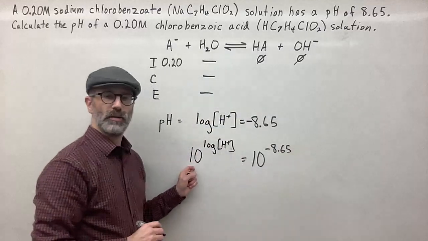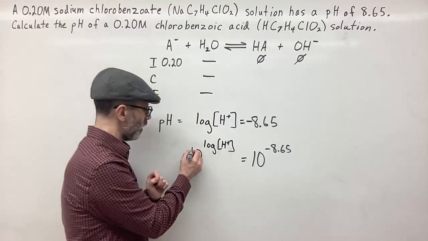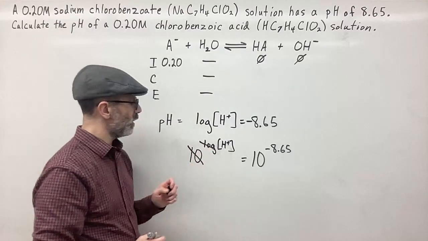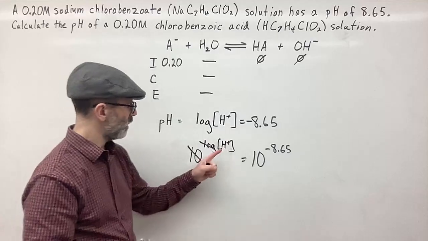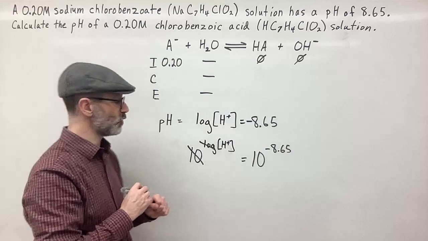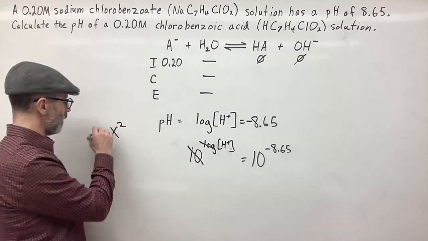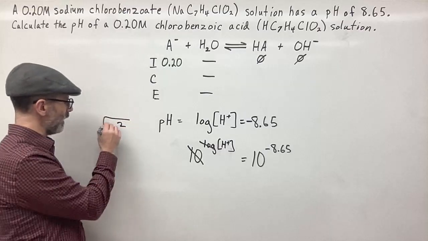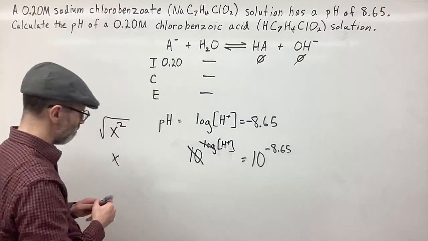Now, the thing about 10 to the power of log base 10 is that these are going to cancel out and give you the H plus concentration back. This is very much like square rooting a square. So if I take x squared and then take the square root of it, they cancel each other out and I get x. So it's kind of like that.